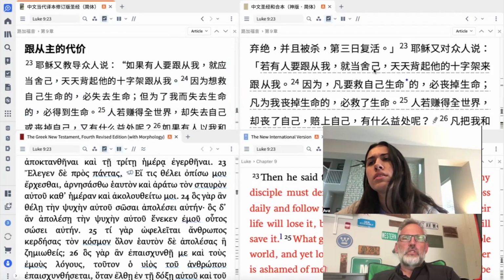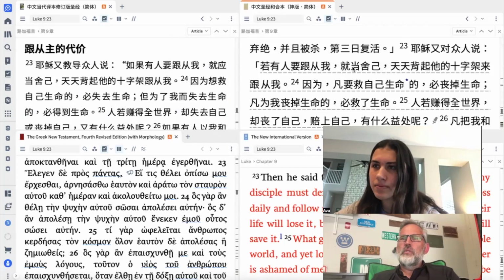So this still uses 舍己, but it uses "dang" instead of "ying dang", which is maybe just a little bit more clear. I find this "dang" to be very confusing. But I'm not Chinese. And then that still uses 天天背起他的十字架来跟从我. So that part's almost exactly the same. 天天背起他的十字架跟从我. So that part didn't change.